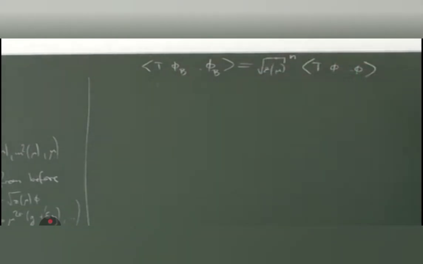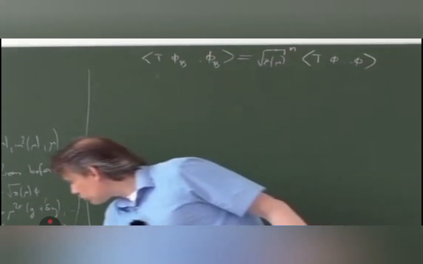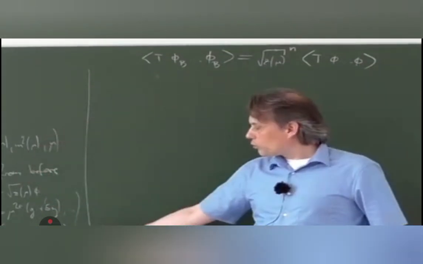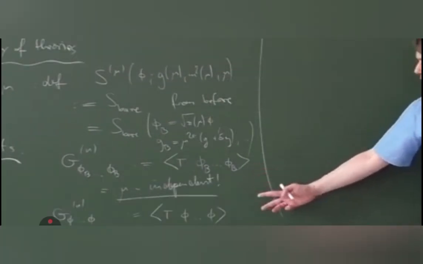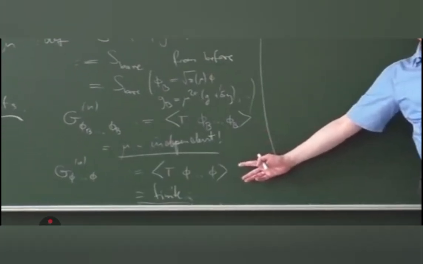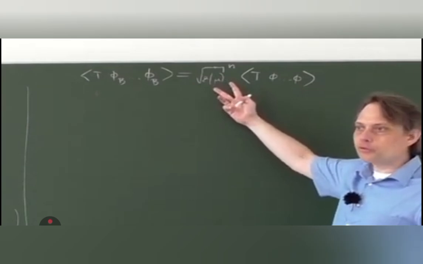So this is a trivial statement. Now in combination we have three statements, namely the bare green functions are mu independent and therefore also physics. The renormalized green functions are finite, and the two differ just by a normalization factor, and this normalization factor is of course again divergent.